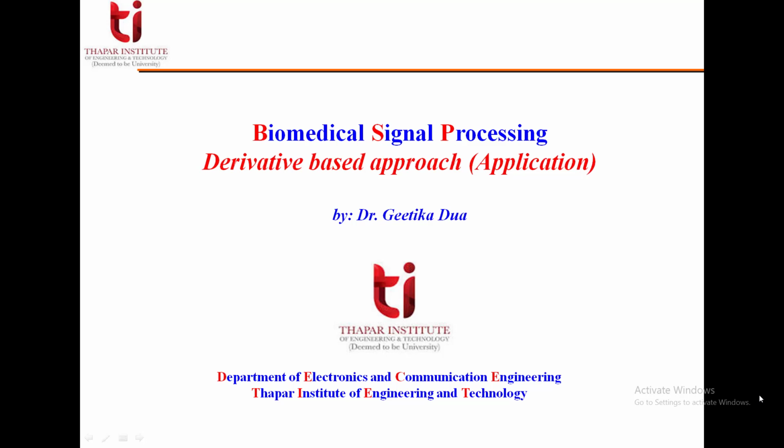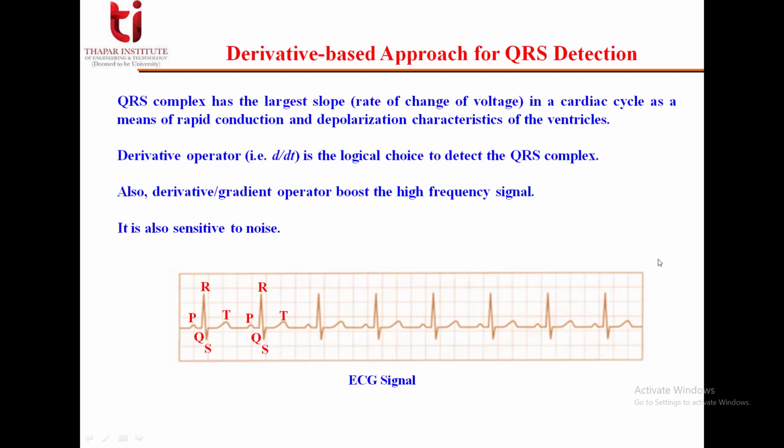Hello dear students. So this lecture is in continuation with the derivative based approach we discussed in the last lecture. Now we will see how we can apply this derivative based approach to detect the QRS complexes.